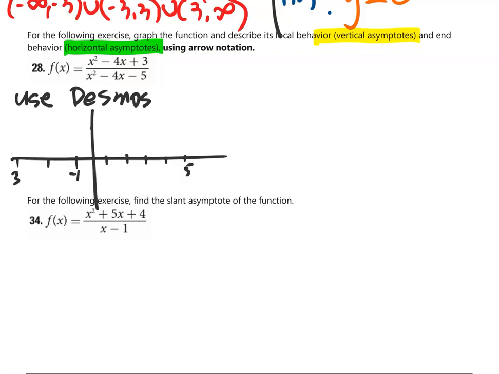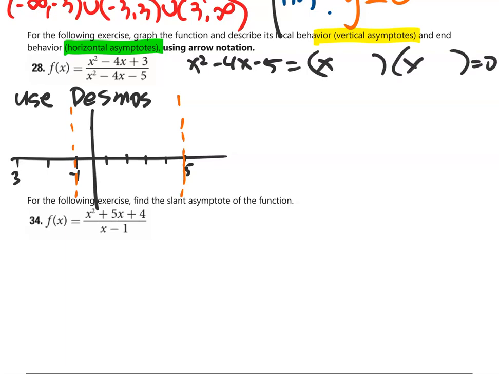When you use Desmos, you will see that you have vertical asymptotes at -1 and +5. And the reason why is, to find the restrictions, set the denominator equal to 0. So x squared minus 4x minus 5 is factorable, and the factors are x and x.